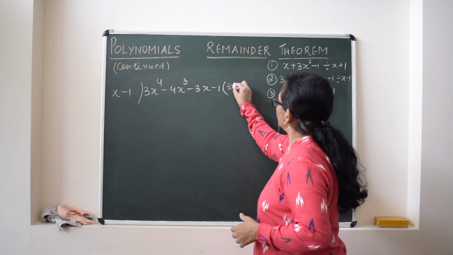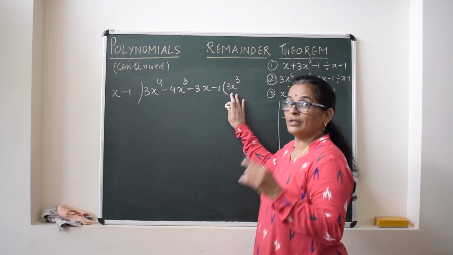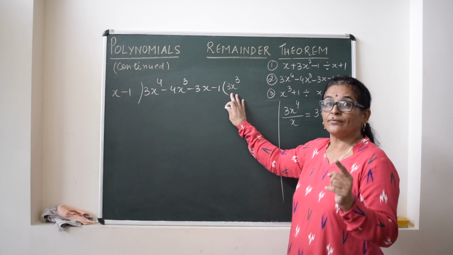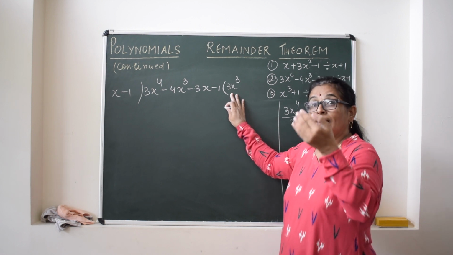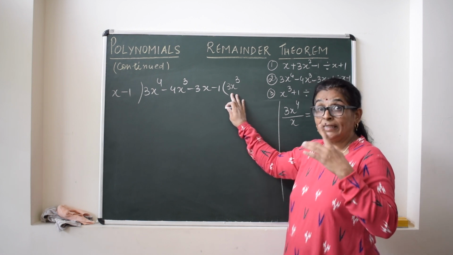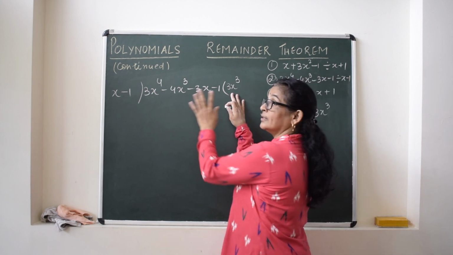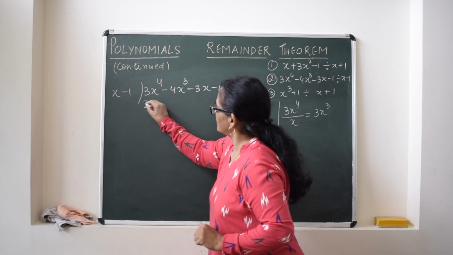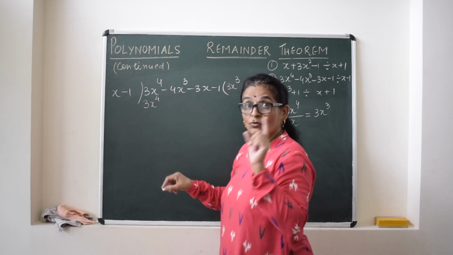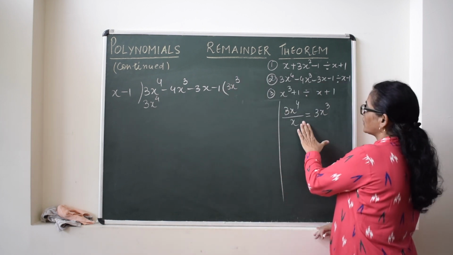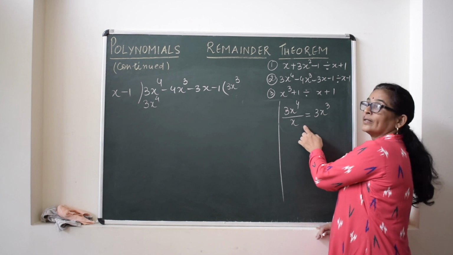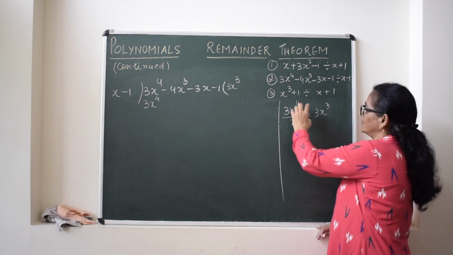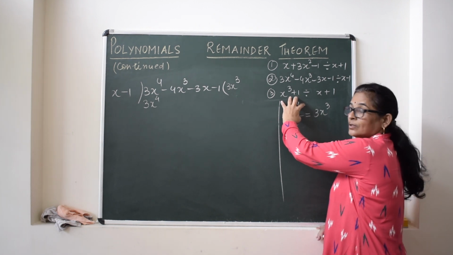So 3x cube will be multiplied by each and every term of the divisor and will be kept under the like term of the dividend. So 3x cube into x. First term will always be the same, that you remember. Why is this so? Because we have taken it in that way. Okay.